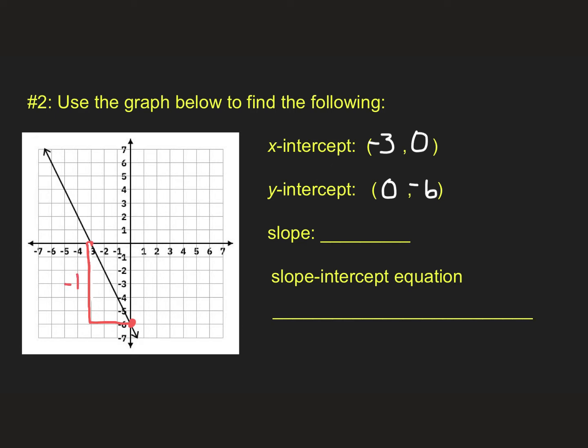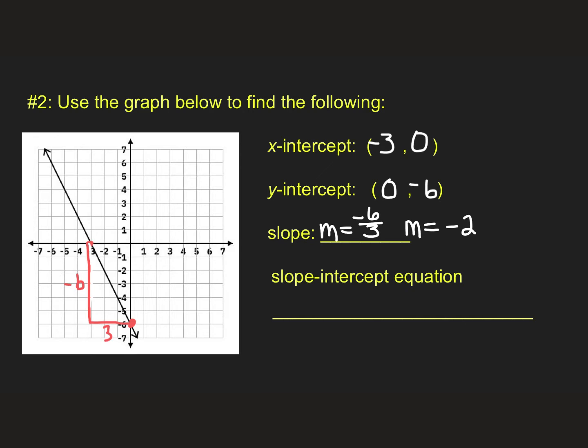Remember, your rise, or your up and down, is what goes first on top of the fraction, okay? And then I'm going to run 3. So if my slope is going down 6 over 3, I can reduce that, and I'm actually going to write it as -2. You must reduce it, okay?